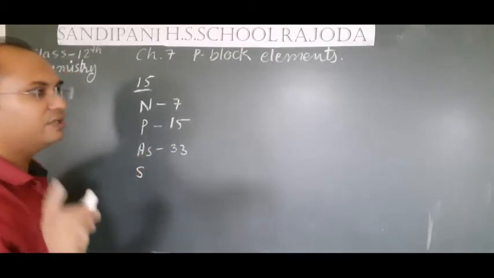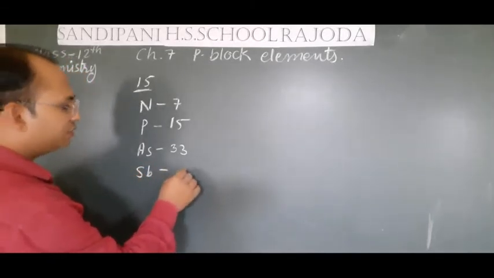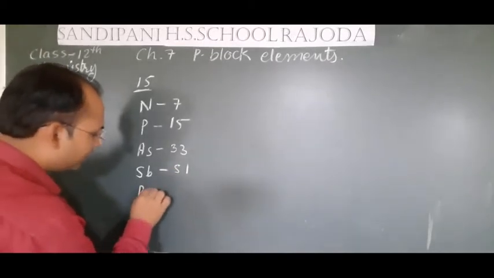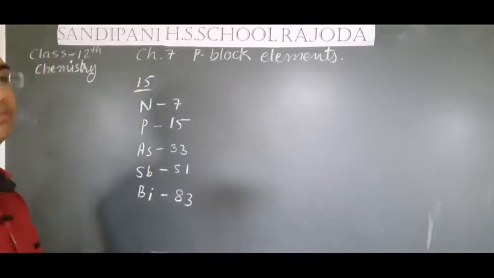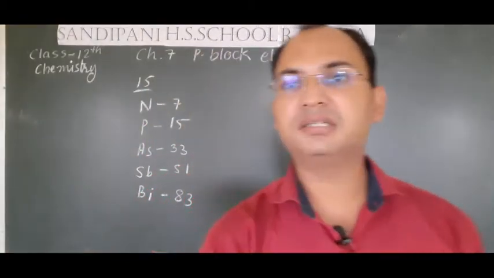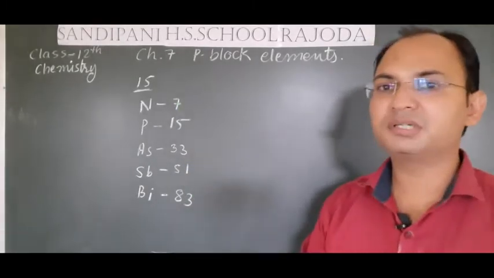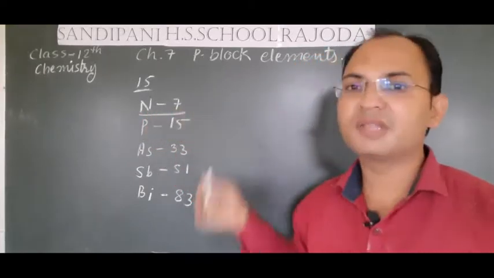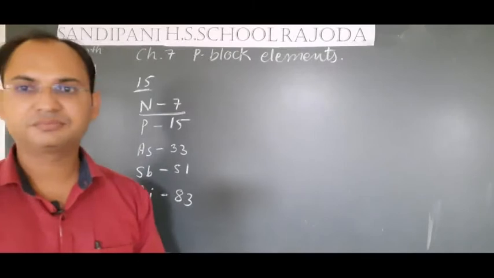The symbol of antimony always remember is Sb. Its atomic number is 51, and bismuth Bi, its atomic number is 83. These are the members of the group 15 in P block, and this whole family is also known as nitrogen family because nitrogen is the first member in group 15.